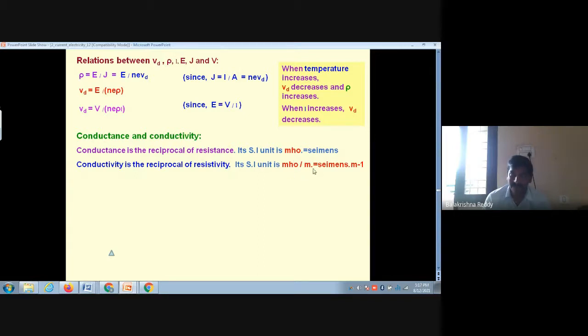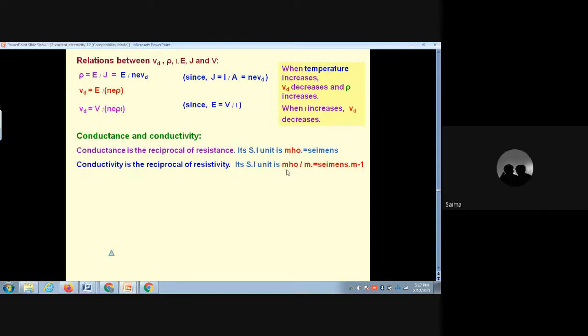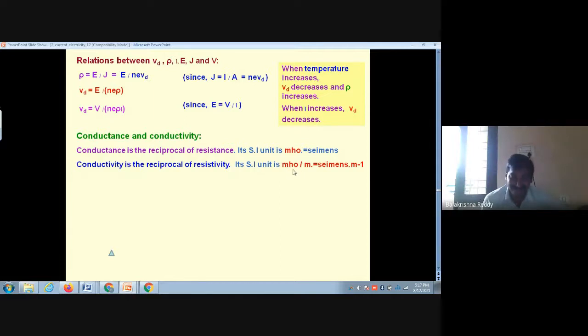So mho meter inverse, or the other way, ohm inverse meter inverse, also you can write. Are you getting my point here? Mho is ohm written in reverse, the reciprocal, and meter is just brought down. So this we can also write as Siemens meter inverse. These are the units for the conductivity.